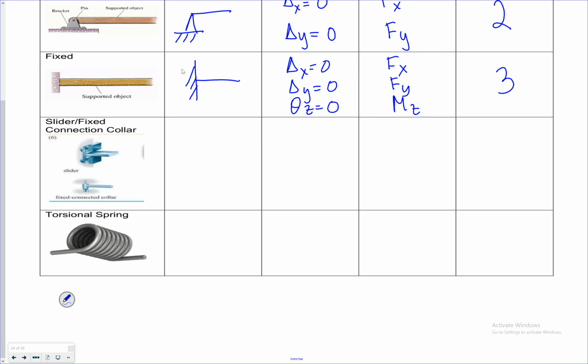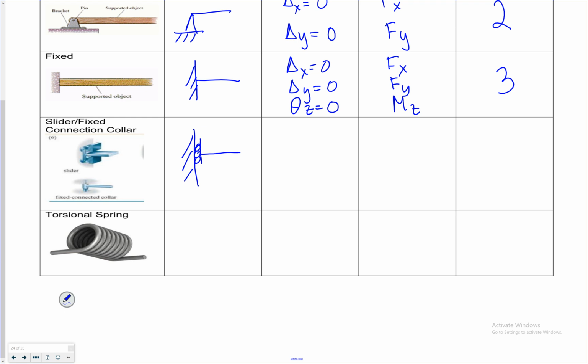If I look at a slider connection, if you look at it, it's like something that can go up and down, but it can't go side to side and it can't rotate. That's drawn as that. Kind of looks like a cross between my roller and my fixed.